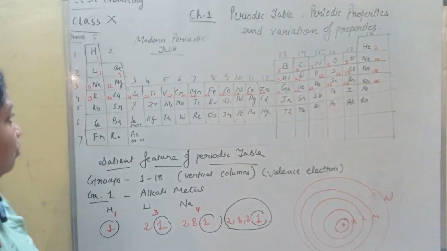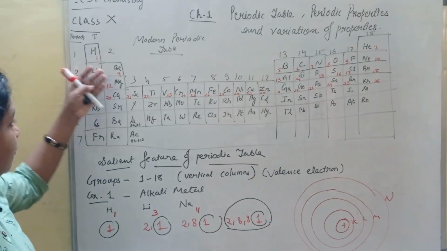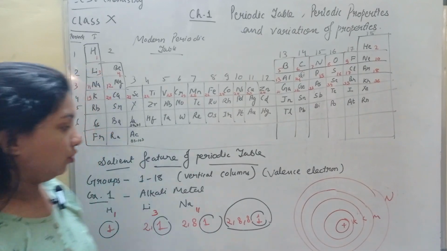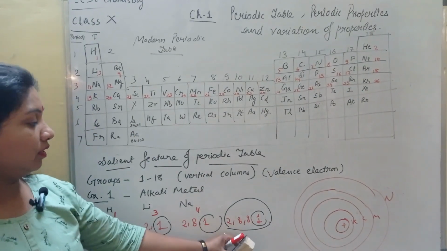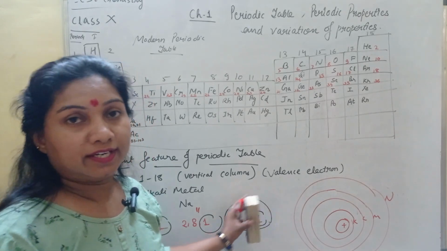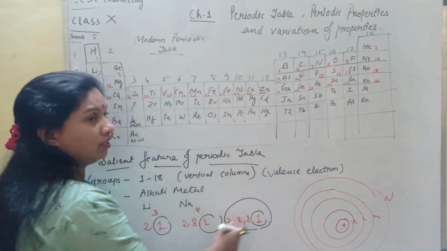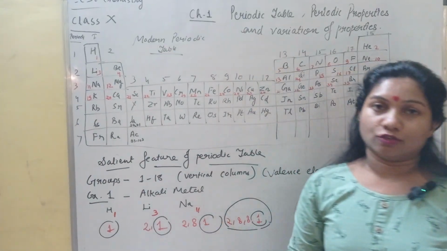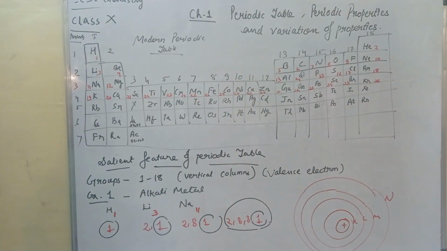They will not ask you to give the name of a first group element or second group element. You will not get a straightforward question. You will get questions like: tell the group number of the element of this particular electronic configuration. If you see the valence electron is 1, immediately you will answer it belongs to the first group. So first group elements are called alkali metals.